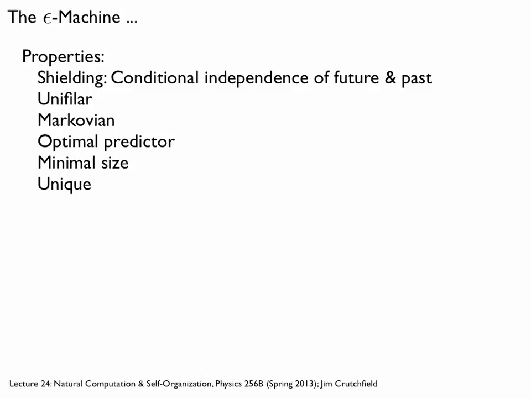Like I already hinted at, we have to show that the epsilon machine is actually a unifilar hidden model. That the causal states have a kind of Markovian property of summarizing the past, and maybe more operationally, that they're optimal predictors. In fact, there can be other optimal predictors, but the epsilon machine is the optimal predictor of minimal size.